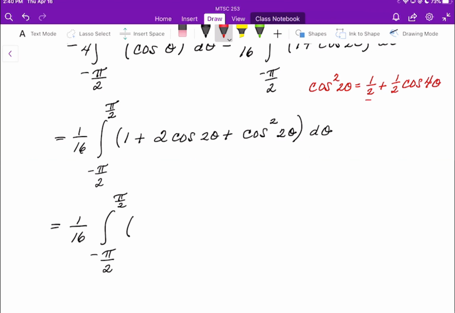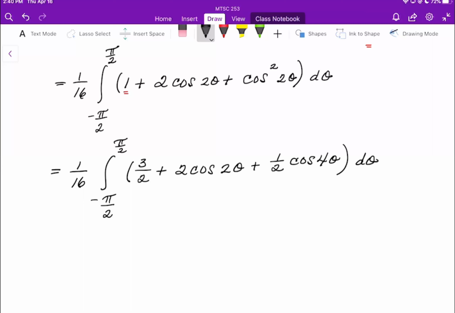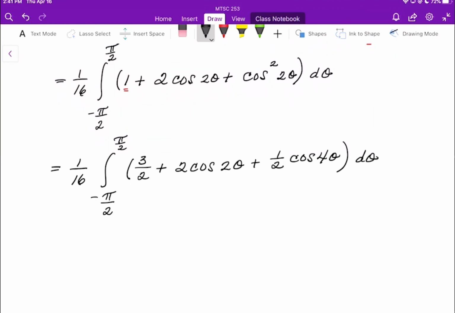So I'm going to take this 1/2 and this 1 and add them together and get 3/2 plus 2 cosine of 2 theta plus 1/2 the cosine of 4 theta d theta. And after you do all of that, your answer is 3/32 pi.